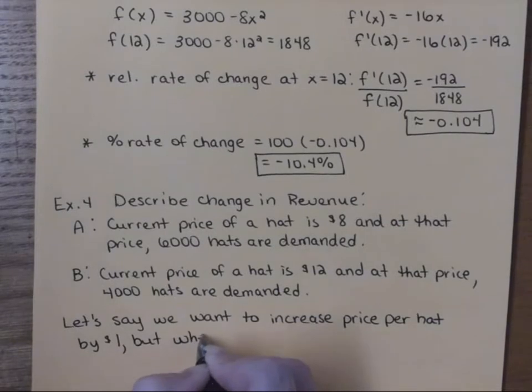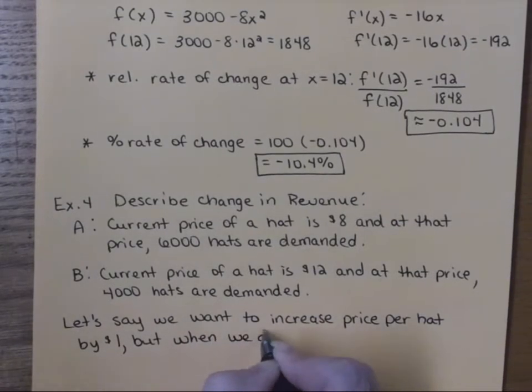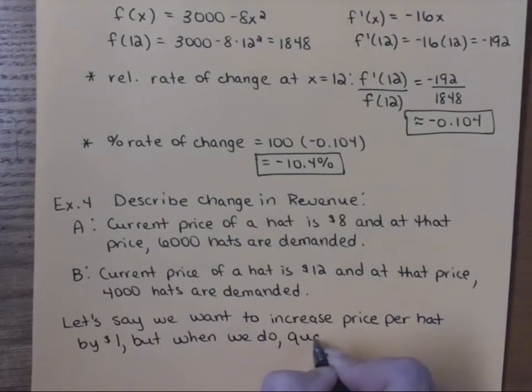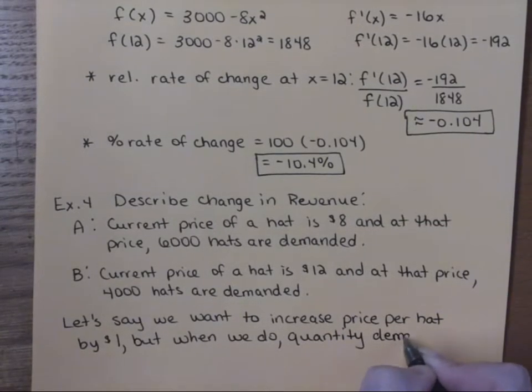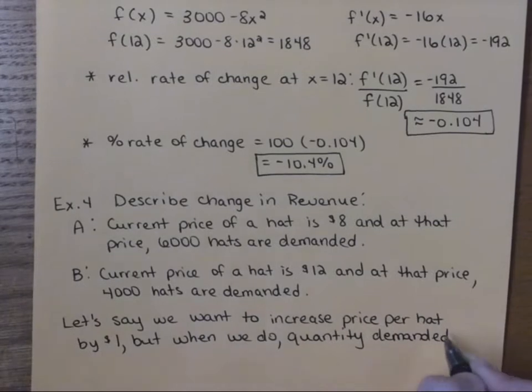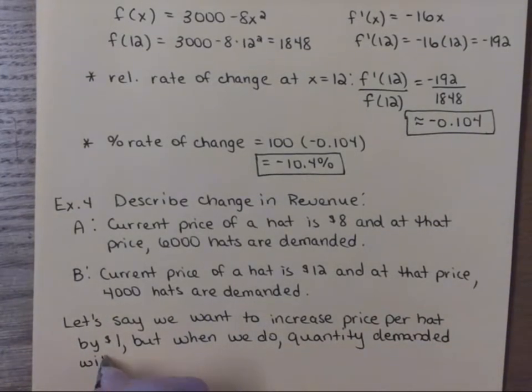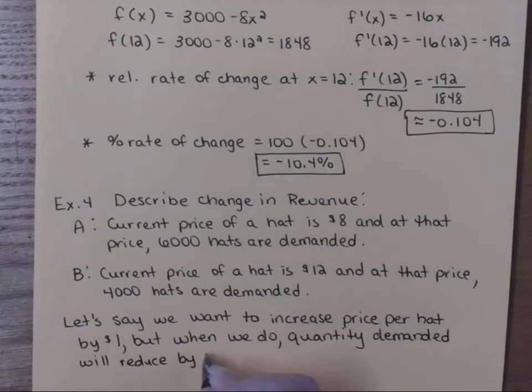But there's always a give and take in economics, right? So when you raise the price, you've got to know that your quantity demanded is likely going to go down. So your goal as a marketing person or as a salesperson would be to figure out, can I afford to raise the price of this, or will it drop my demand by too much?